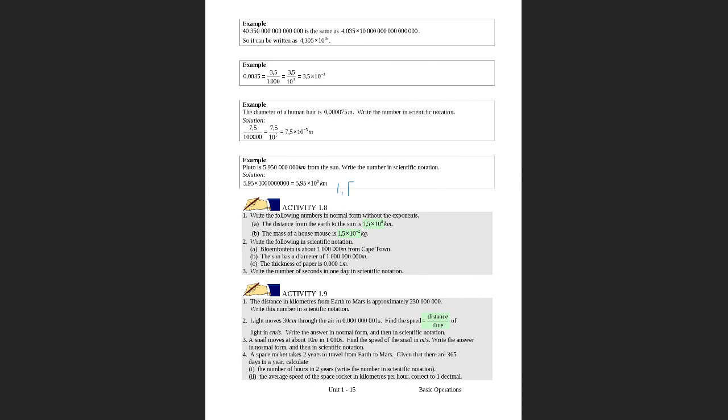The comma will move 1, 2, 3, 4, 5, 6, 7, 8. Whenever the comma moves, there will be a 0.